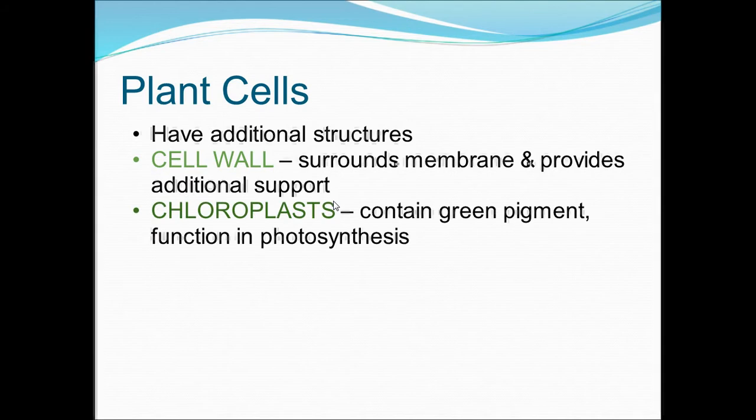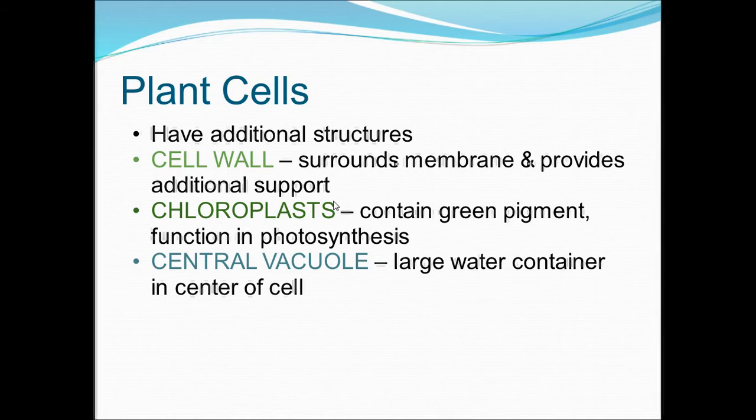The next is a chloroplast. These contain the green pigment that makes the plant green and allows the plant to do photosynthesis. And then the central vacuole, which is the large water container in the center of the cell, which also aids in keeping the cells functioning properly, as well as keeping the plant standing upright and tall.